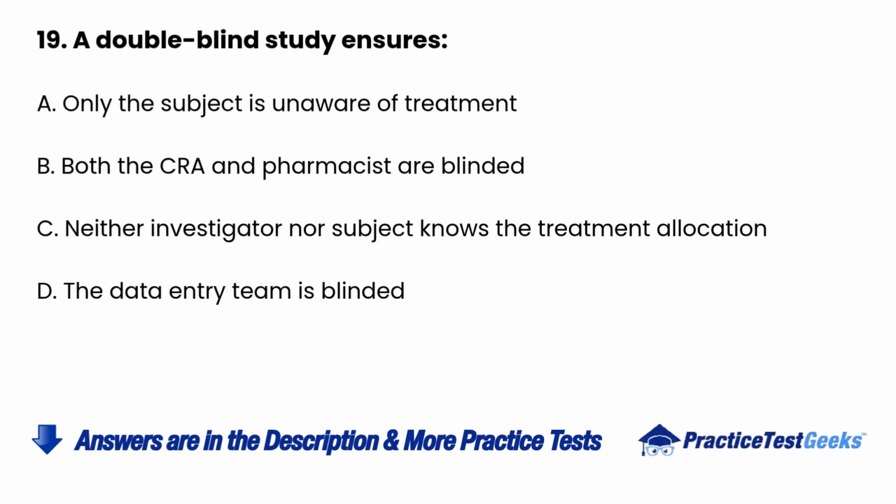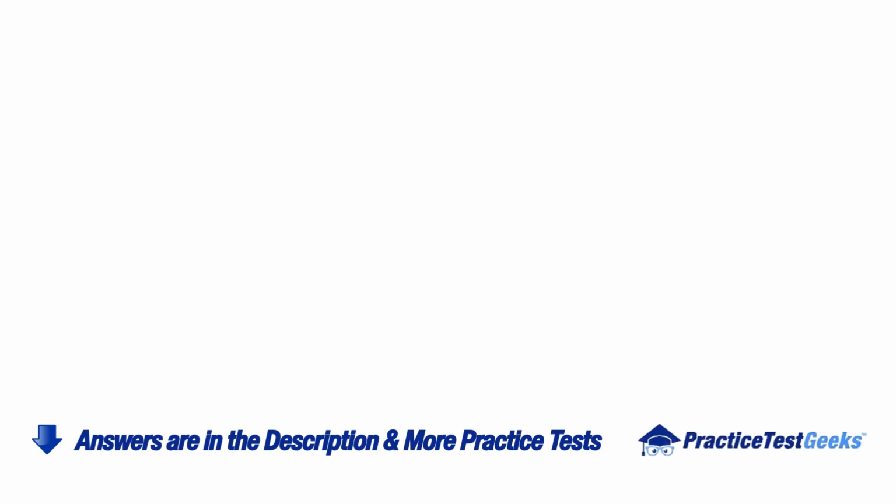19. A double-blind study ensures A. Only the subject is unaware of treatment. B. Both the CRA and pharmacist are blinded. C. Neither investigator nor subject knows the treatment allocation. D. The data entry team is blinded. 20.